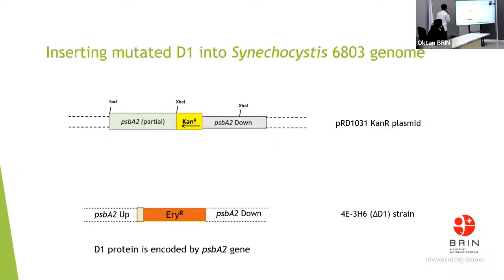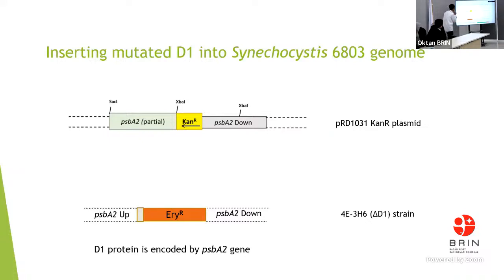So yeah, we use Synechocystis 6803 because it's a cyanobacterial model organism. Why do we choose this organism? Because first, it's been sequenced, it's easy to transform, and it's naturally competent. So we don't need to make competent cells like E. coli, it's already able to accept any DNA fragment.